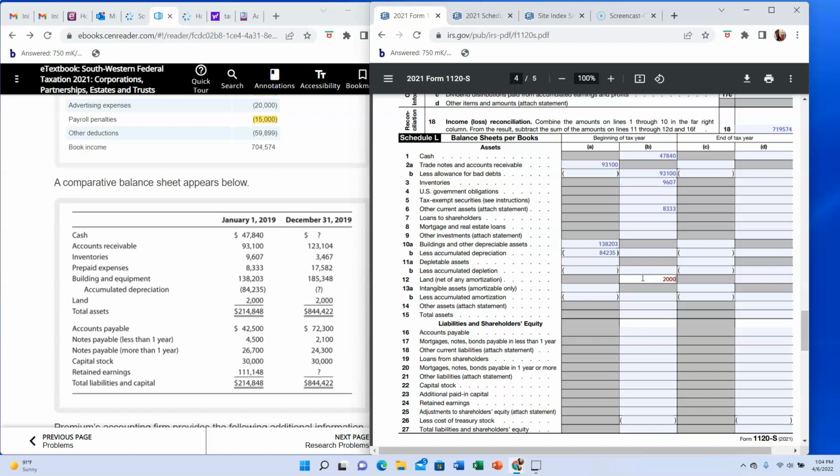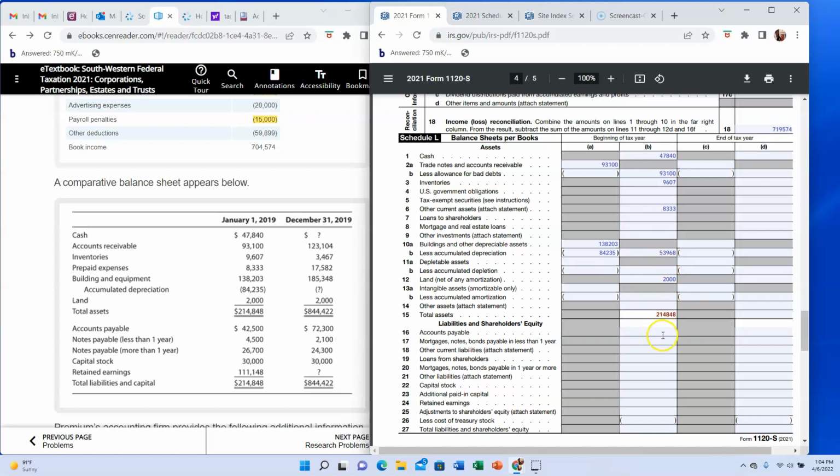Land, 2,000. I'm going to go back to this number. 138,203 minus 84,235 is 53,968. We just double check our numbers: 93,100 plus 96,07 plus 83,33 plus 53,968 plus 2,000 is 214,848. All right.